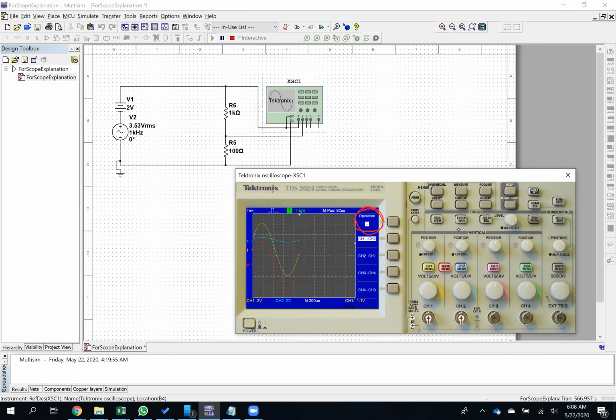Okay, and they do. When I pick a different math operation, there's FFT, there's plus, right? So check that, because quite often we're using this setting for subtracting channels, but you have to make sure you've selected minus there. Okay.